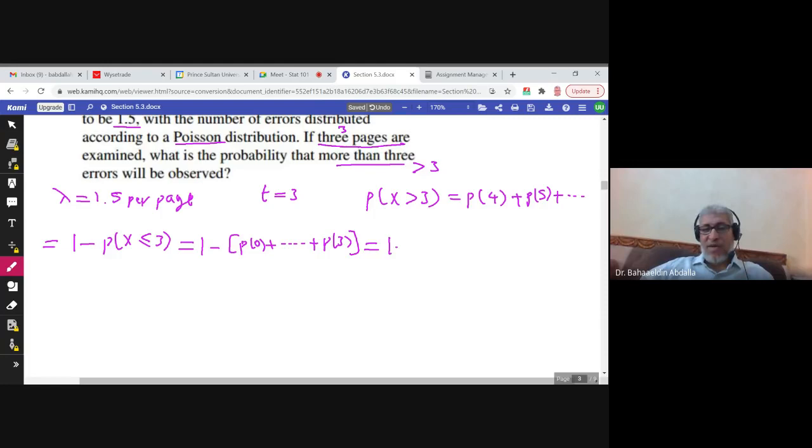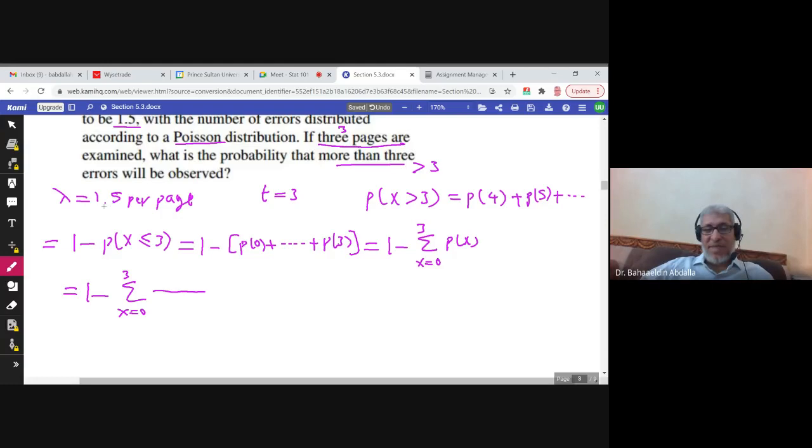You can use the calculator here: 1 minus the summation of the probability of x, where x is from 0 to 3, using the Poisson distribution.